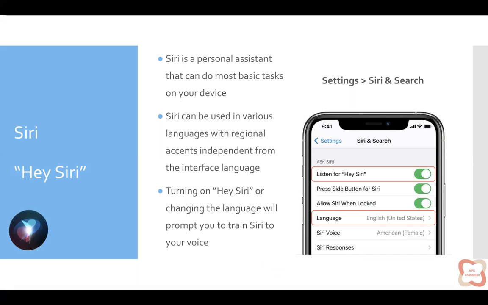Turning on Hey Siri or changing the language will prompt you to train Siri to your voice. It only recognizes your voice once you record it. So if my mom or brother says Hey Siri, it will not understand, but if I say Hey Siri, it will recognize my voice.